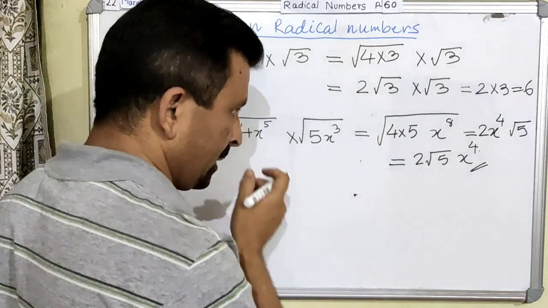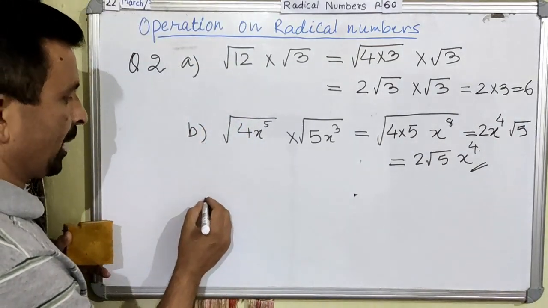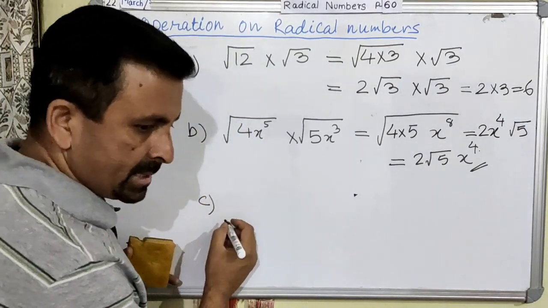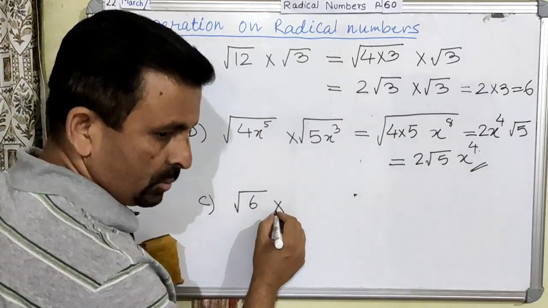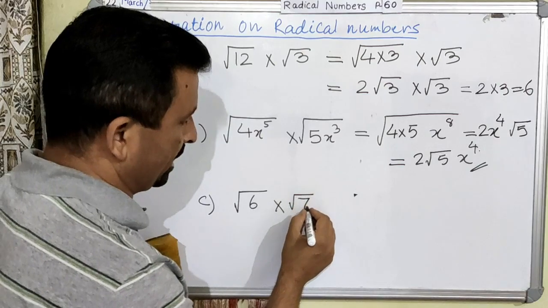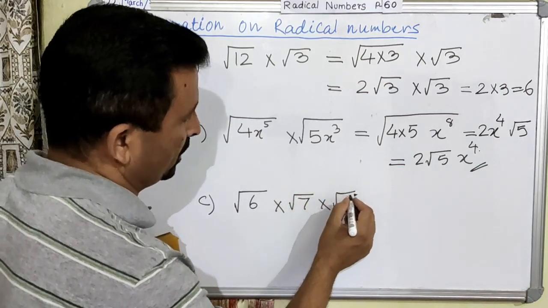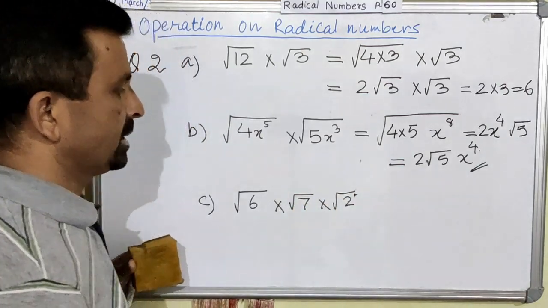Is it okay? In question number 2, we have one more part, C. Part C is root of 6 into root of 7 into root of 2. Is it okay?